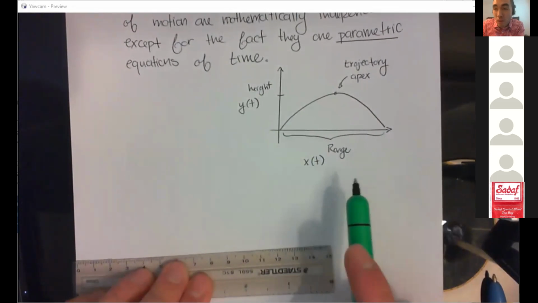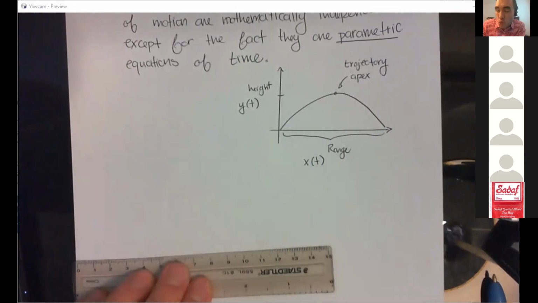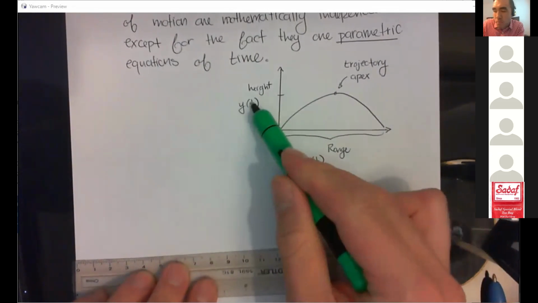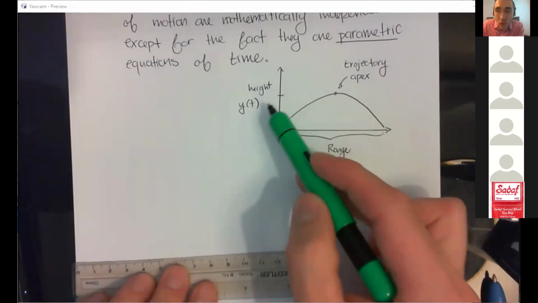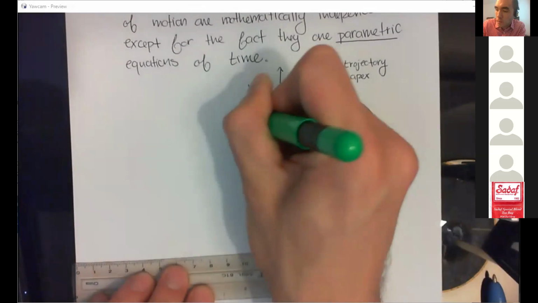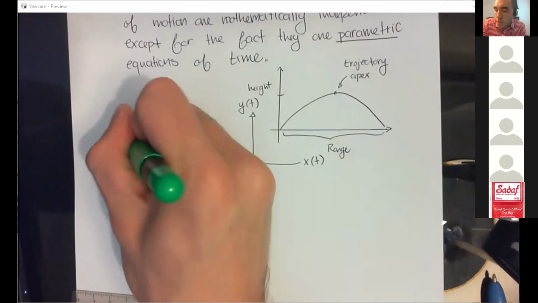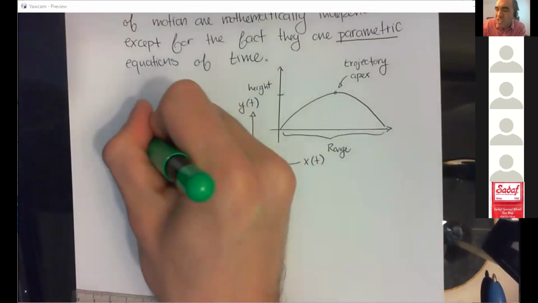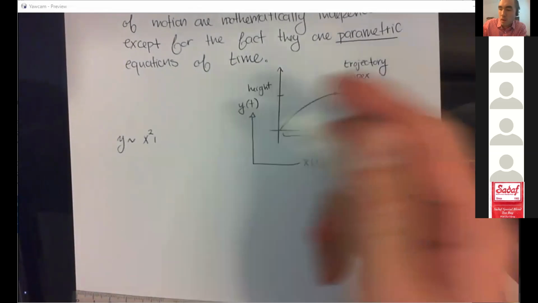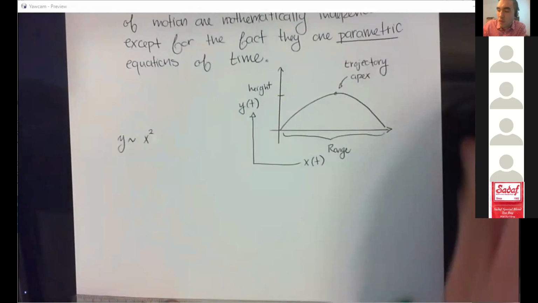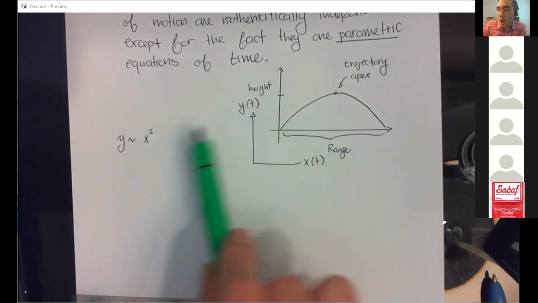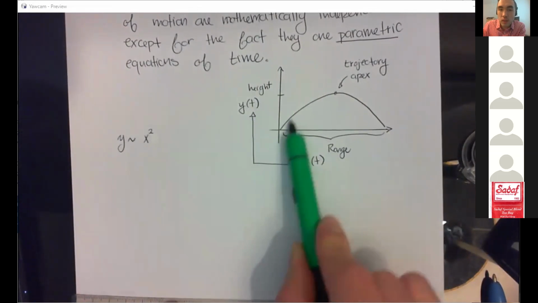And in fact, what parametrics tells us is that if you were to take the x equation and solve it for time, then take that equation and plug it into the y equation and get rid of that time value, you would be able to show that by substitution, y would be proportional to some kind of function of x squared. You would be able to show mathematically that if you take time, solve for it, and substitute that into your y value, that y is definitely this parabola.